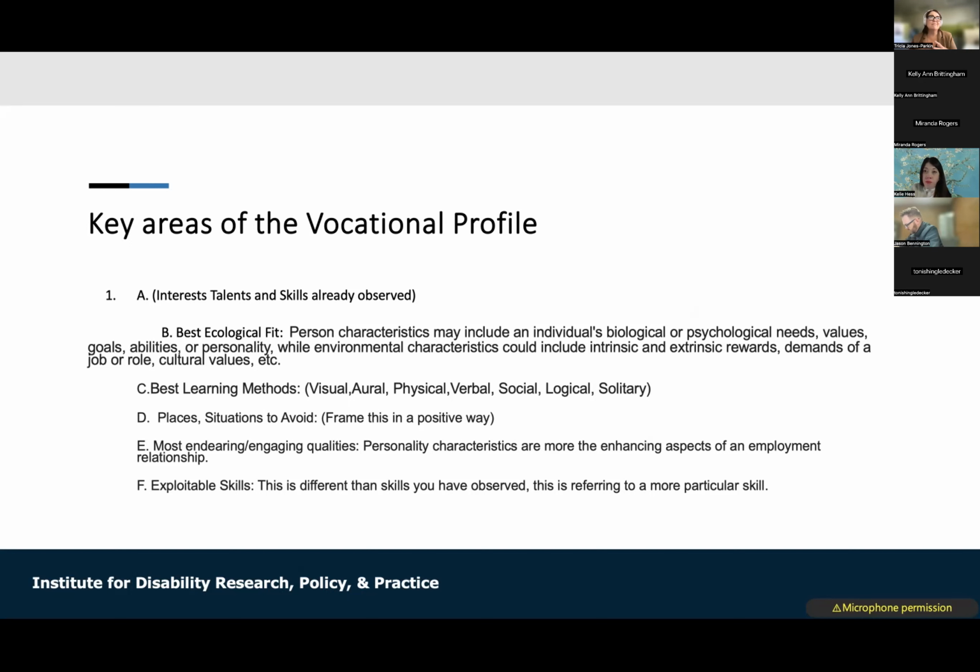Maybe the nuanced way that they remember everybody's birthday, or how quickly they can put together a complex Lego, or they always have really good situational, spatial, excuse me, knowledge of where they are, like good directional knowledge. Those are those exploitable skills, or things that are really unique to that person.